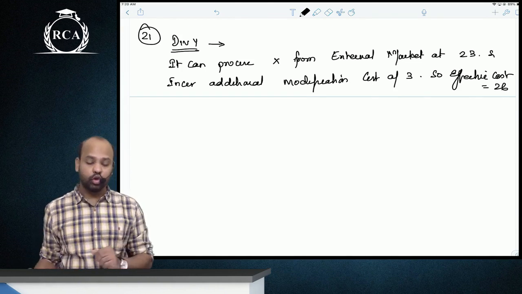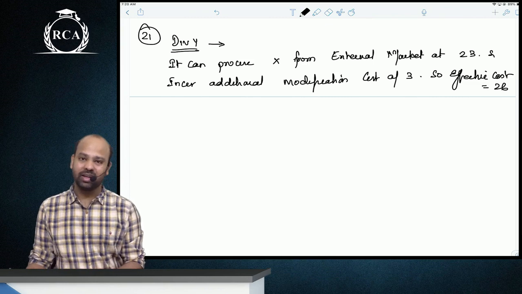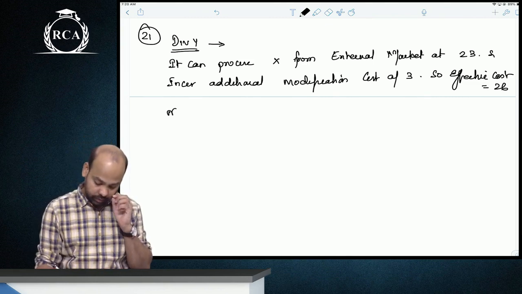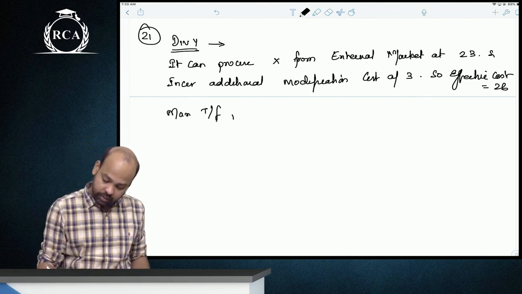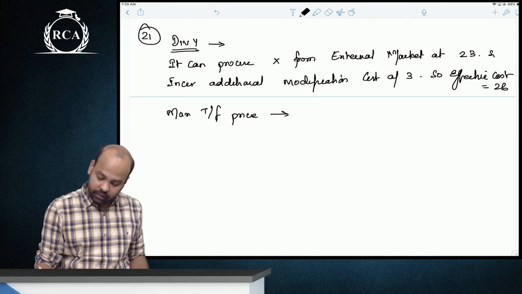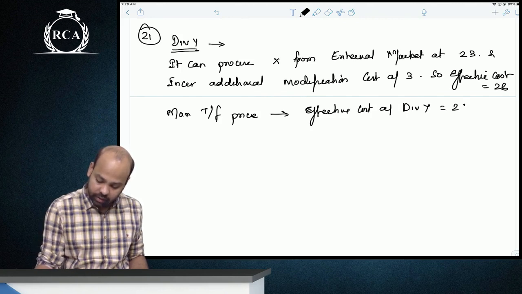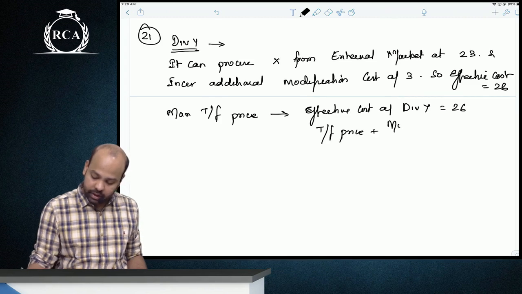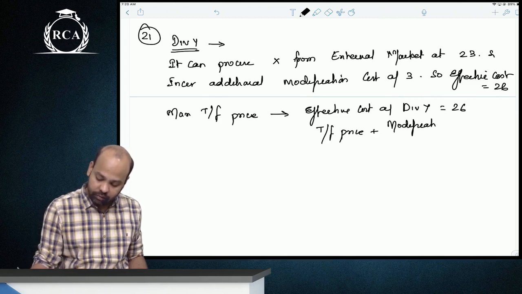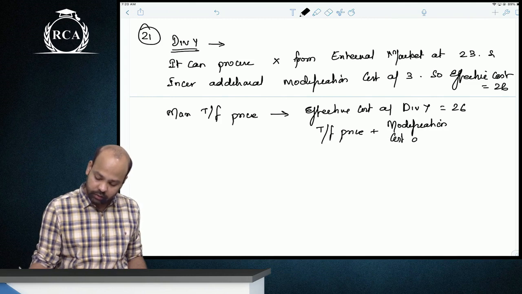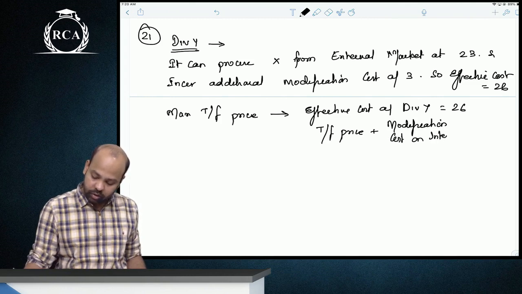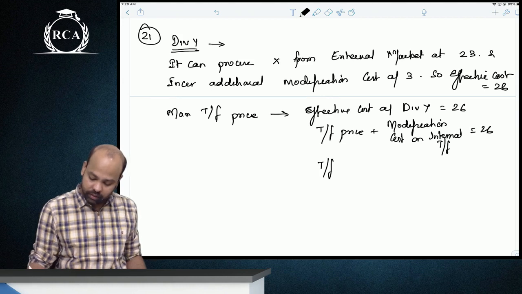Now if you want to know the maximum transfer price that they are willing to offer, remember, the effective cost of division Y has to be 26 rupees only. So that will be the transfer price plus, do not forget, division Y still has to incur a modification cost on internal transfers, which is 2 rupees.